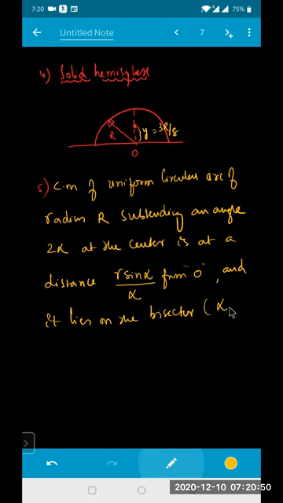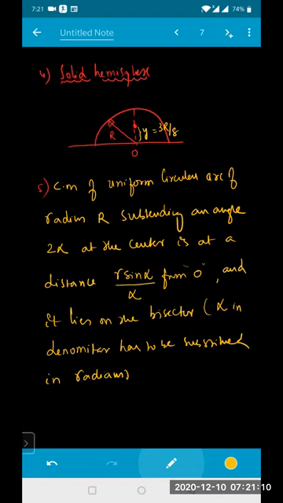Alpha in the denominator has to be substituted in radians.